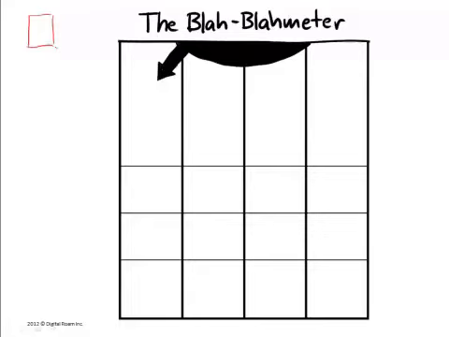Let's draw a box on our piece of paper. We're going to draw the framework of the Blah-blahmeter, which, for those of you who have paid attention to our cadet lessons, you're going to recognize is really a map. It's a map that shows where different types of messages line up.